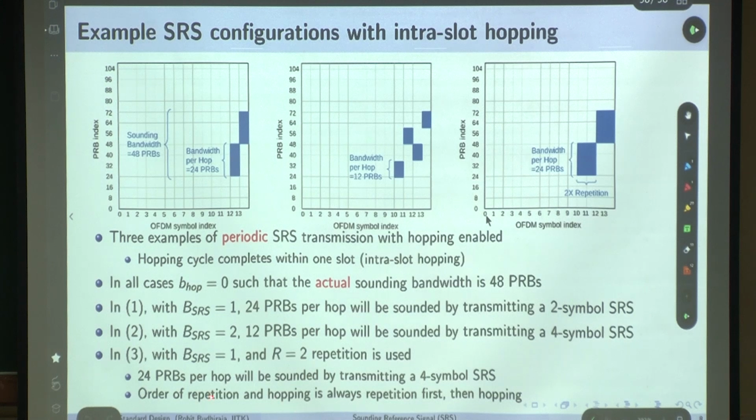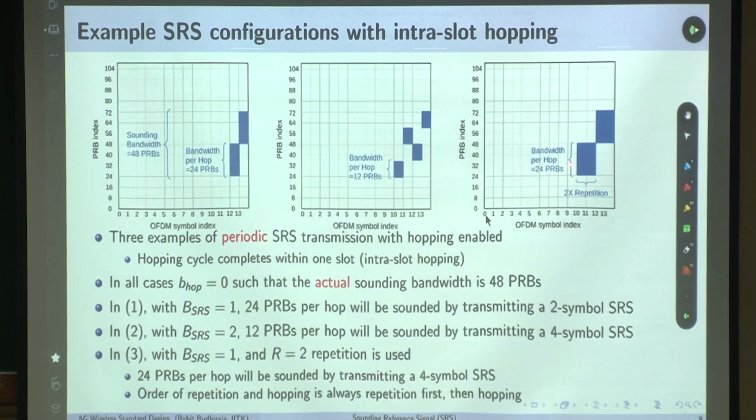The order of repetition and hopping could be that I hop first and then repeat. But the way it is defined in the standard is that SRS will be repeated first and then hopped later.